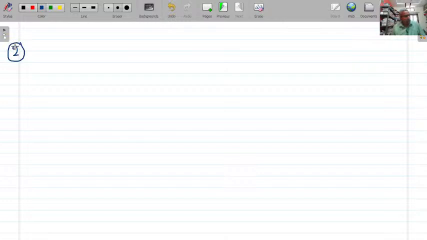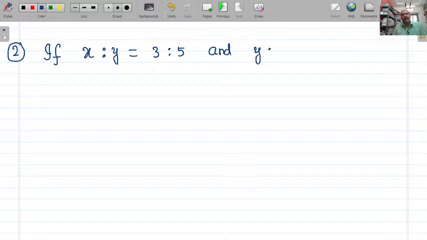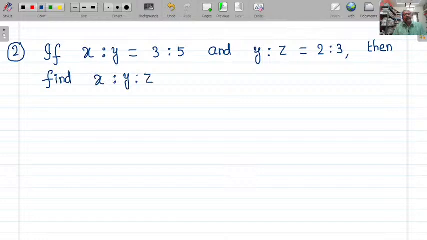Second question: if x is to y equals 3 is to 5 and y is to z equals 2 is to 3, then find x is to y is to z.